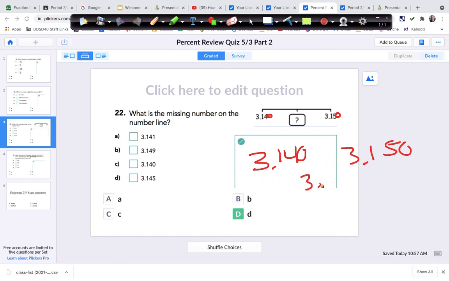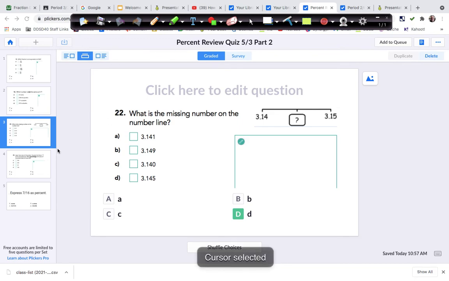This must be 3.14. 1, 2, 3, 4, 5, 6, 7, 8, 9 would all go in between there like this. 3.141, 3.142, 3.143, 3.144, 3.145 right there. 3.145. Really, it's like when you're in elementary school and early grades and you're just learning to count. You just have to learn to count with decimals.